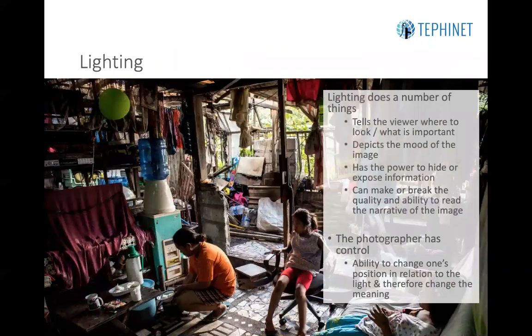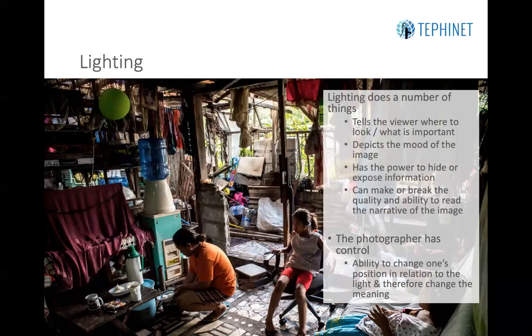And then finally, this is the final thing that we're going to touch on for this webinar, is lighting. Lighting creates the image. Photography was originally an idea of writing with light. And so light matters in terms of dictating what that narrative is. It highlights, it hides, it shapes, it defines mood, and it tells the viewer where to look.